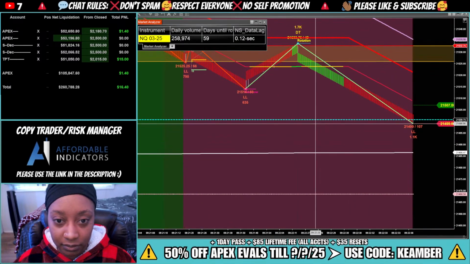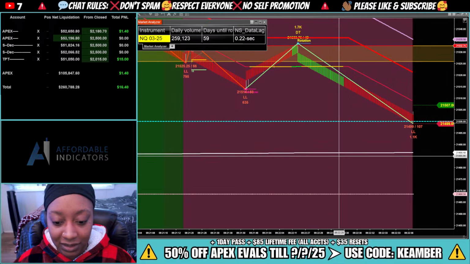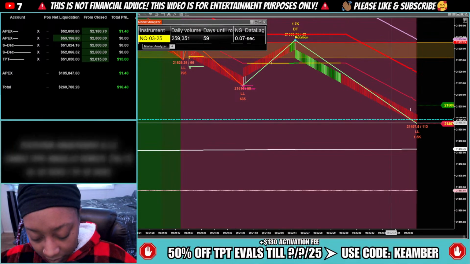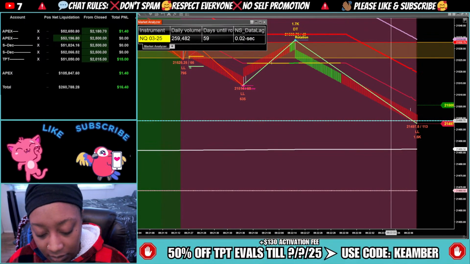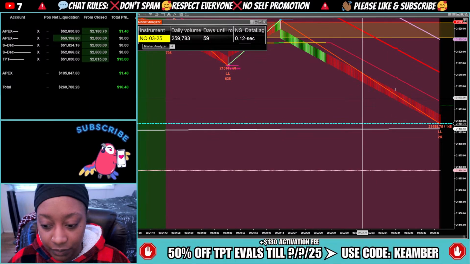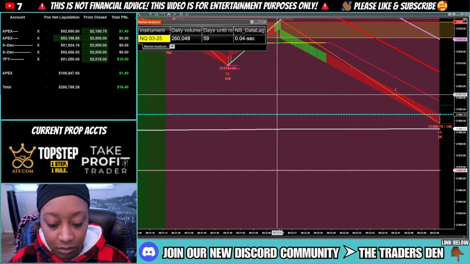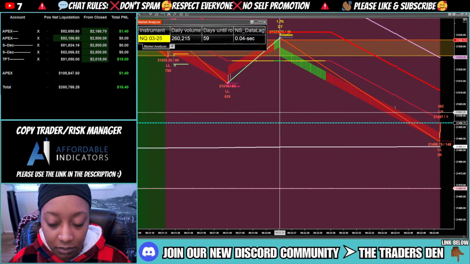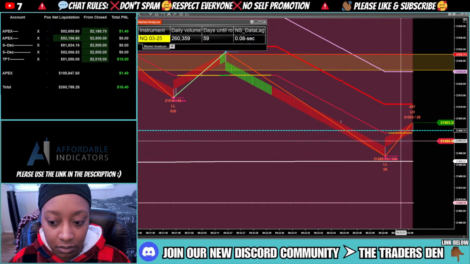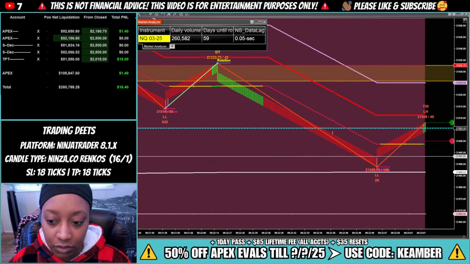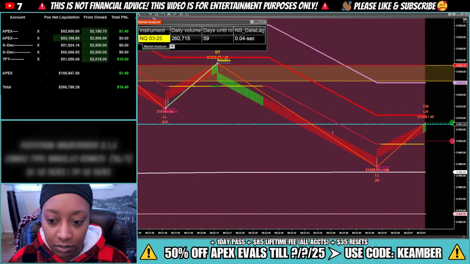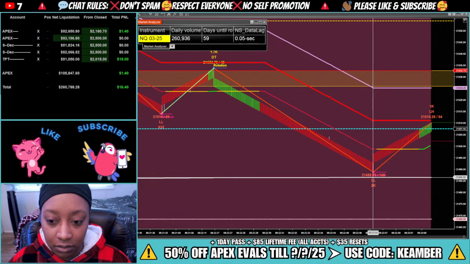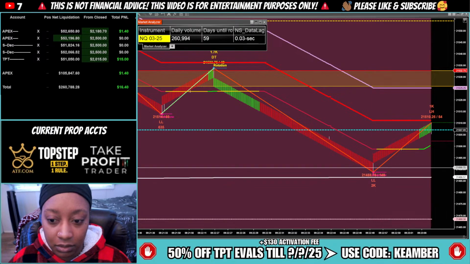All right, come on. 41. That's probably not going to happen, especially because we got to have, this is a trap. We are nearing the VWAP. It's too far up. All right. $66.